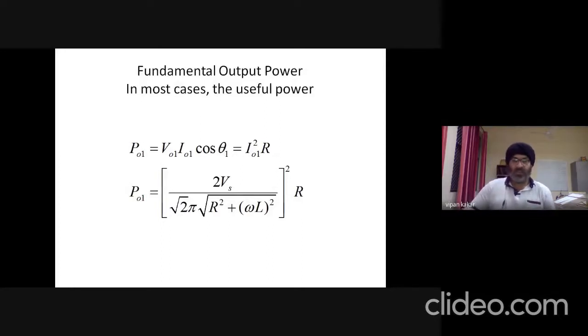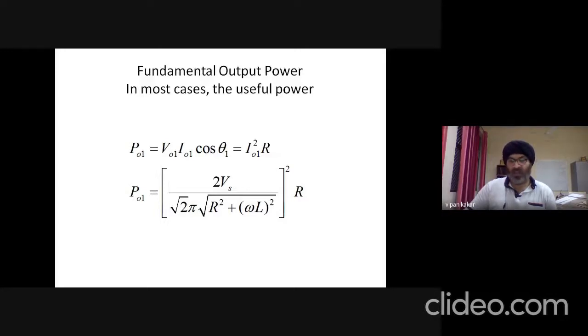So in this case, if we want to find out the power also, fundamental power component, fundamental voltage component multiplied by the fundamental current component, then multiplied by the power factor. Because in pure resistive load, the power factor cos theta 1 will be 0.